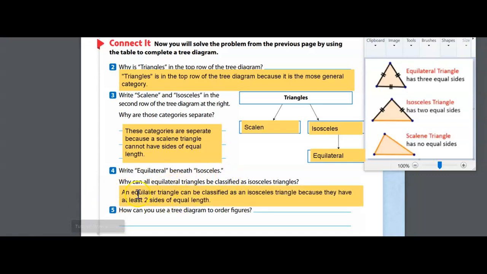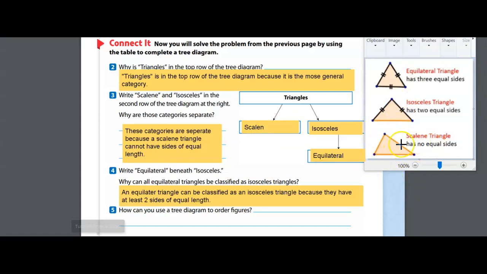So your answer should state, an equilateral triangle can be classified as an isosceles triangle because they have at least 2 sides of equal length. So if I were to put equilateral under scalene right here, they have no properties that are similar.